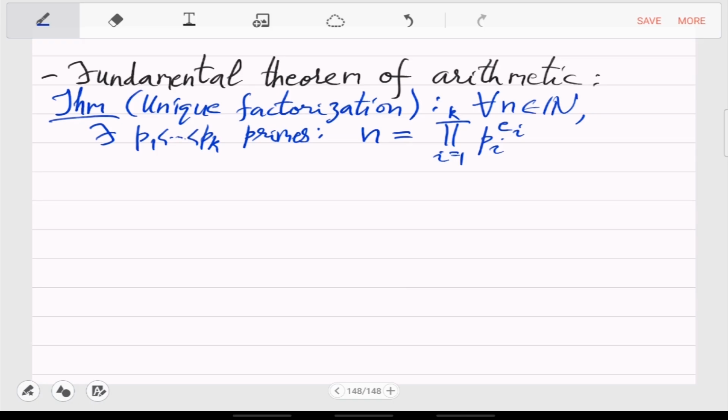So there exist distinct primes such that their powers multiply together to give n, and moreover this is unique. Which means that the Pi's are unique and the Ei's are also unique. There are unique prime powers which exactly divide n, and their product is n. That's the unique factorization theorem.